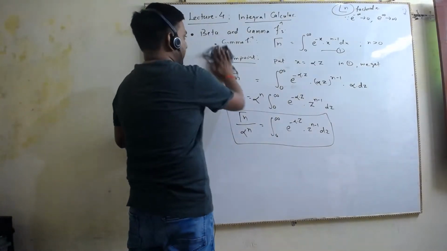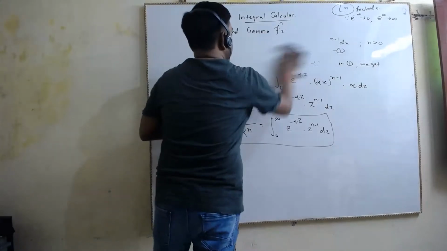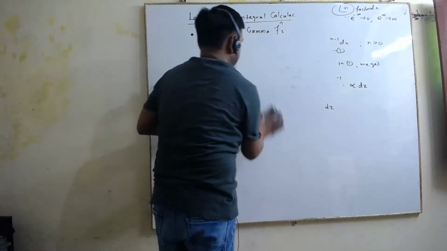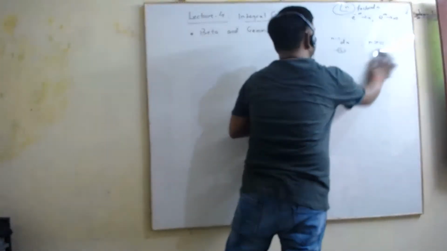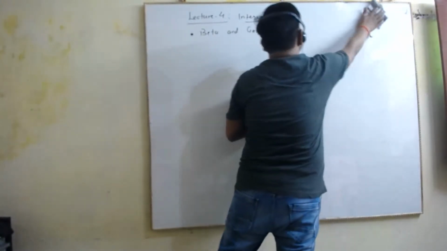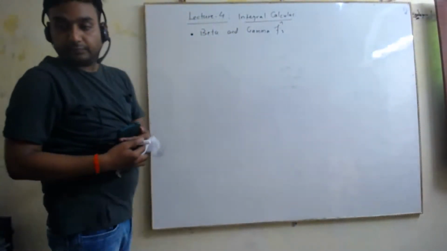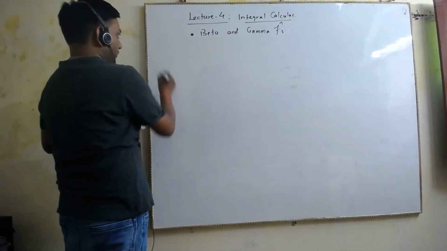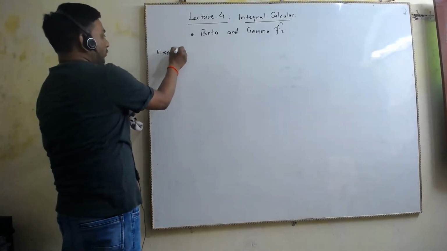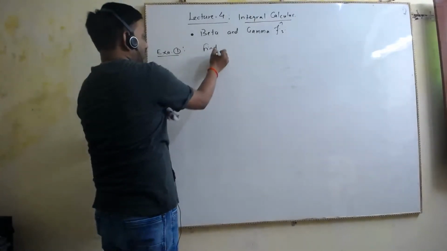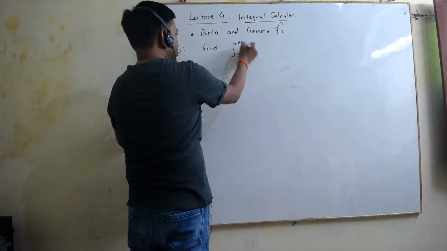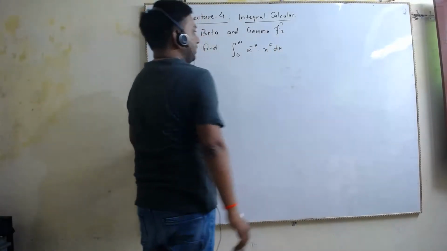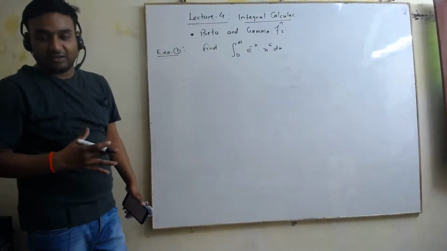Now let's have some examples over the gamma function. Suppose you want to find the value of 0 to infinity e raised to the power minus x into x raised to the power 5 dx, right?